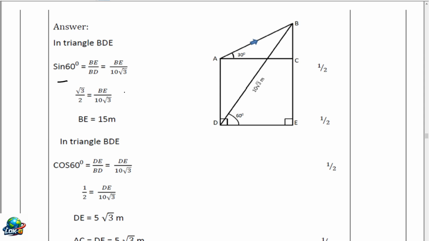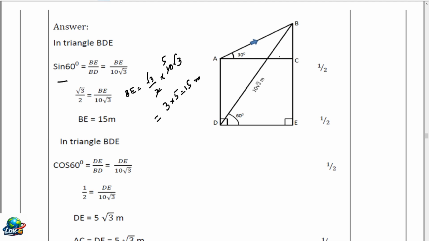You get BE is equal to root 3 by 2 into 10 root 3. Two ones are, two fives are. Root 3 into root 3 becomes what? 3. 3 into 5 becomes what? 15 meter.